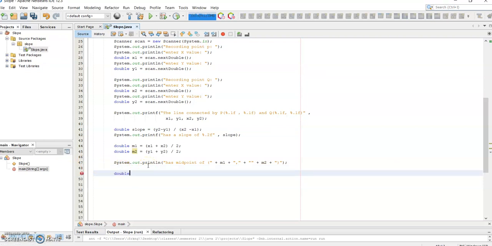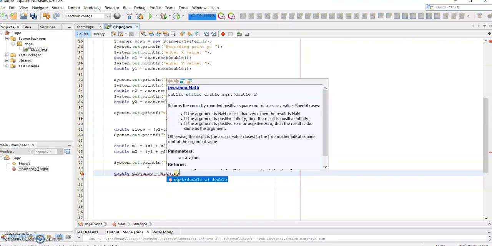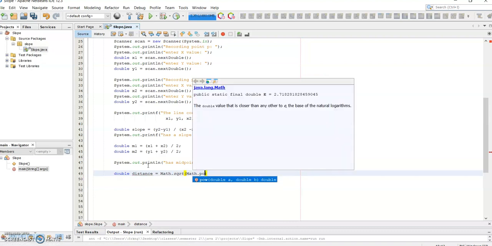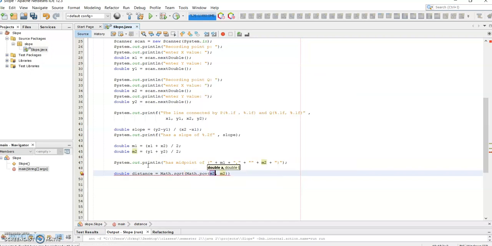So double distance equals Math.sqrt, I hope you guys know how to use it. Math.pow of x2 minus x1, 2, right?